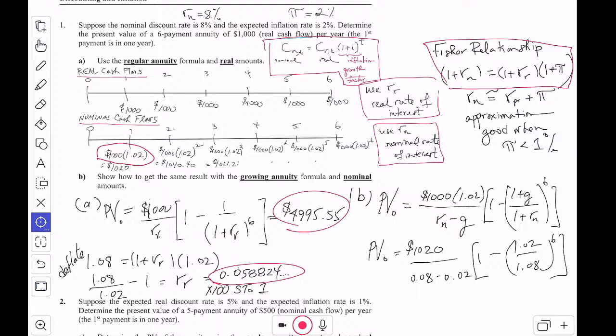So nominal dollars with the nominal rate, real dollars with the real rate. Let me know if you can get it. So let me see. I'm going to work through the steps for people who are still not sure about the growing annuity.